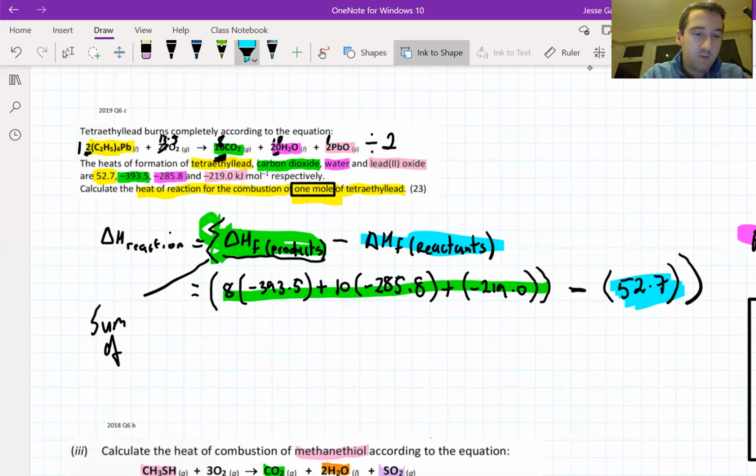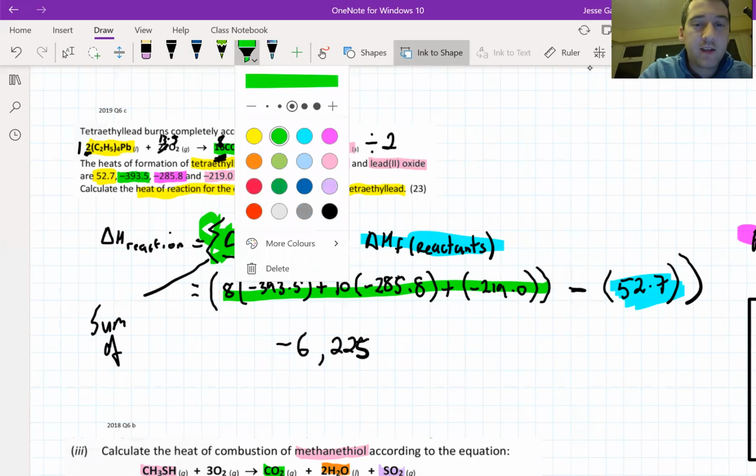Plus 1 times minus 219. So that gives me minus 6,225, which is the green. So that is this.